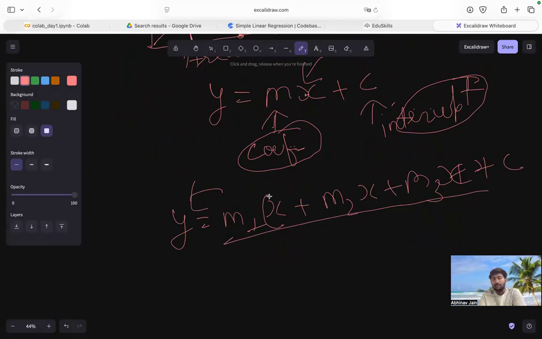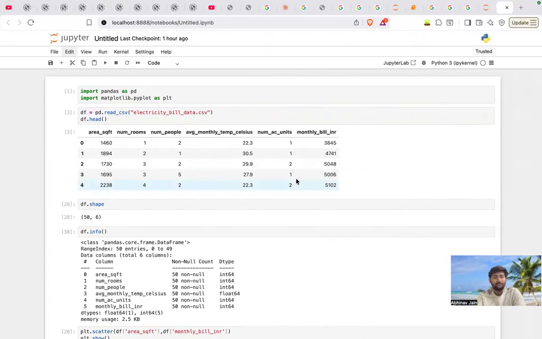Now let me show you a real ML working of this concept. First, what are the given things?